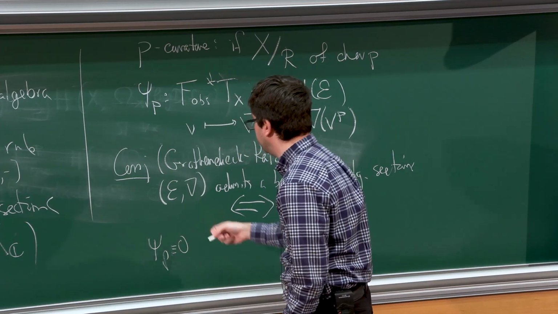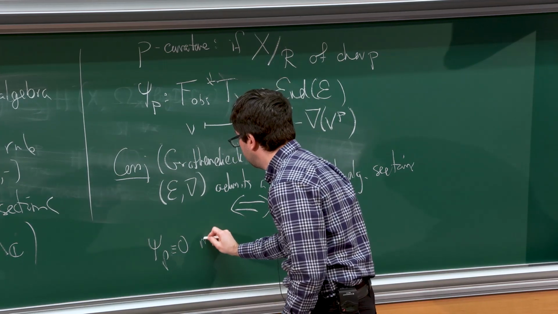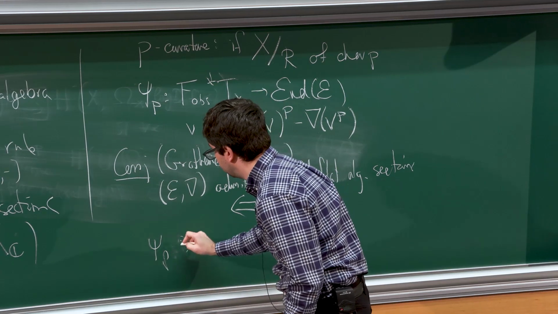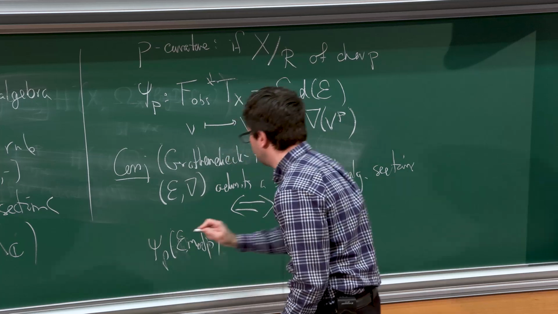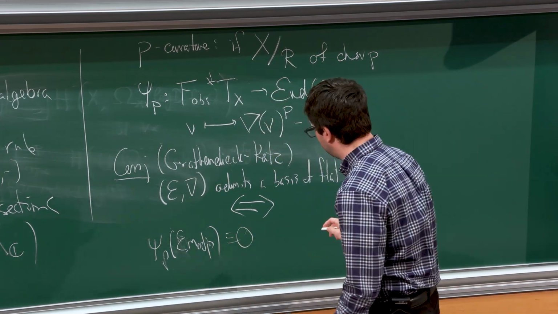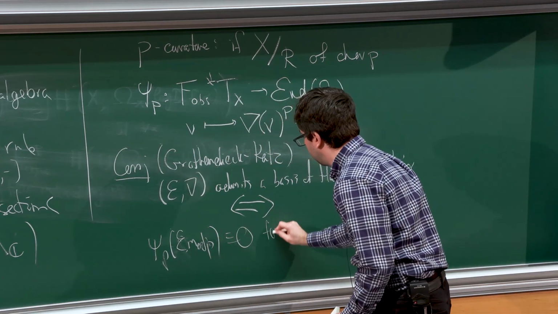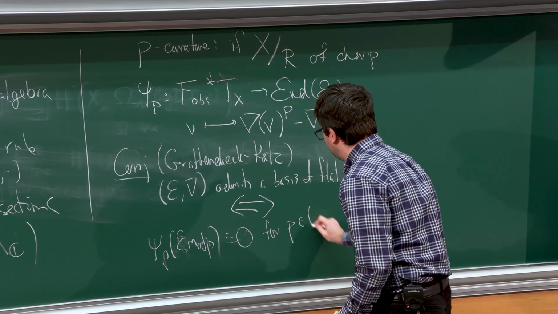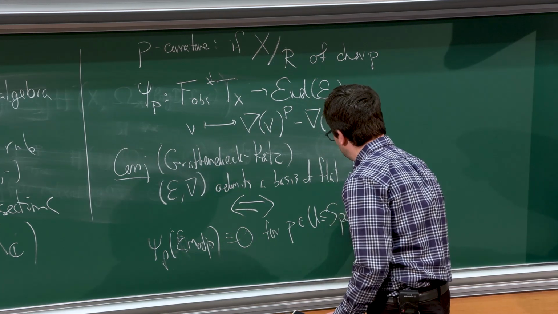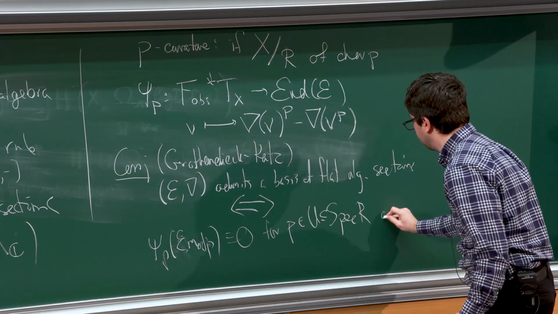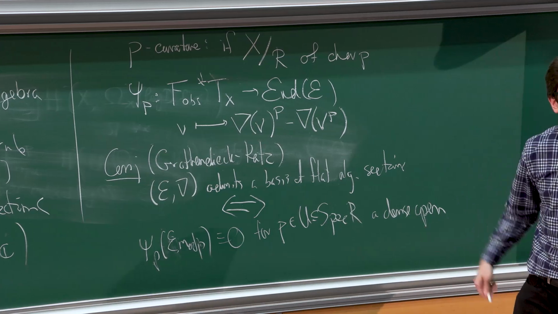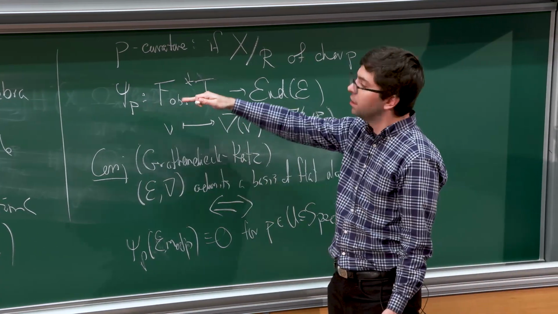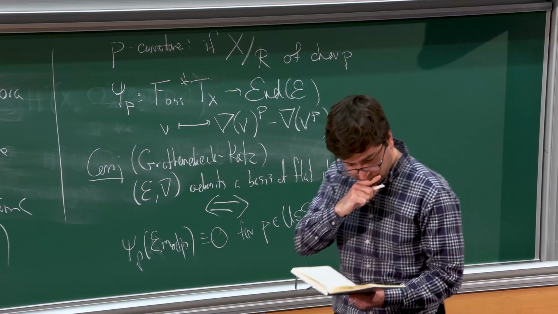So here, this C_p is associated to E mod p, and it is identically 0 for p now in U, a dense open subset of Spec R. Okay. So for almost all primes, when you reduce this mod p, this invariant vanishes.